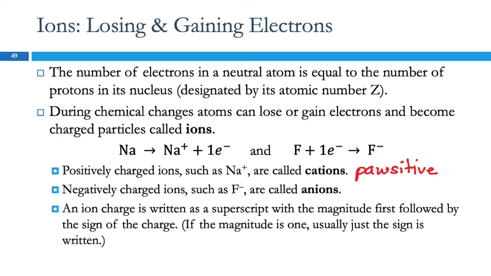I didn't make these things up. Cations are positive. Anions, they both end in ion, but anion has an extra N in it. The anions are negative. What my high school teacher taught me was that the T in cation kind of looks like a plus sign. That's good.